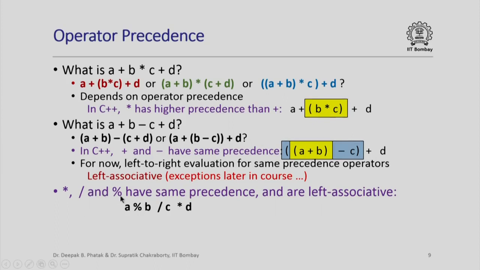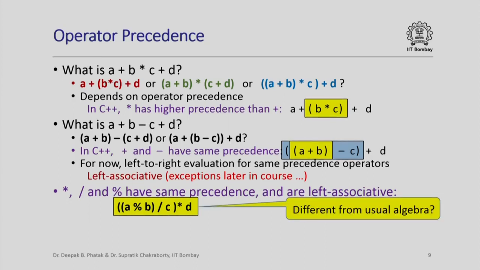These three operators are also left associative. So for example, if I write an expression like this, what we really mean is that all the three operators have the same precedence, they are left associative. So first evaluate a % b, then divide by c, and finally multiply by d. This might appear to be different from the usual laws of algebra that you follow, but this is how expressions are interpreted in C++.